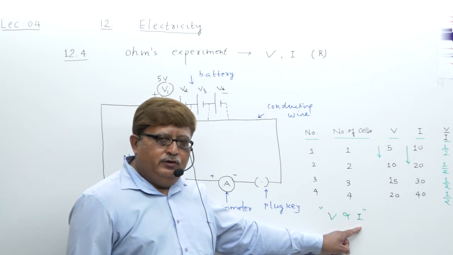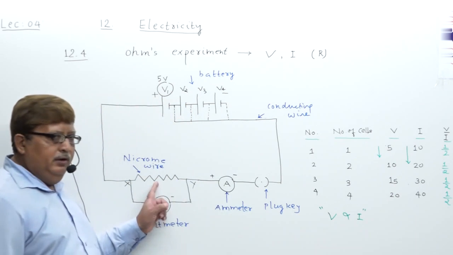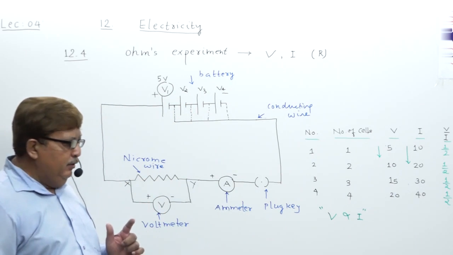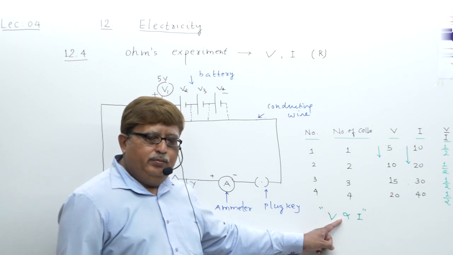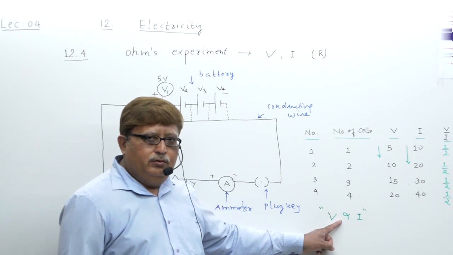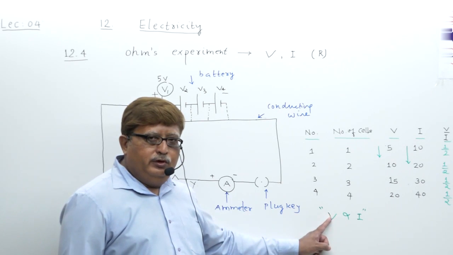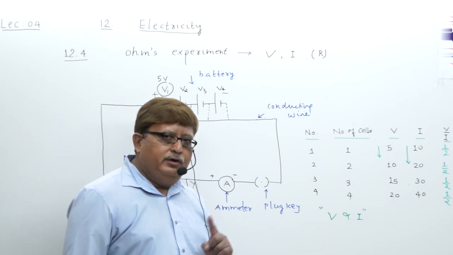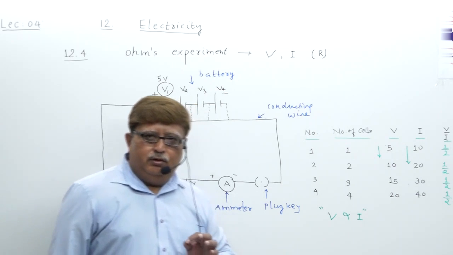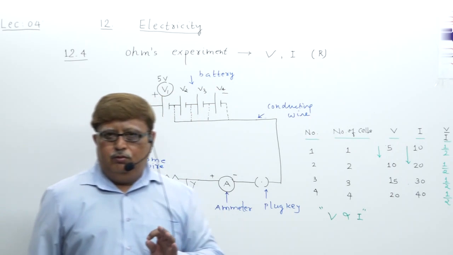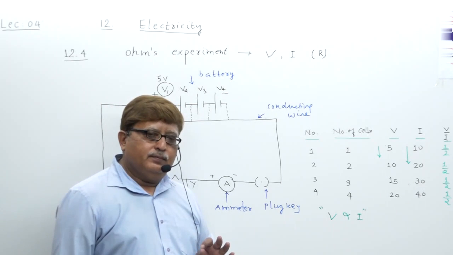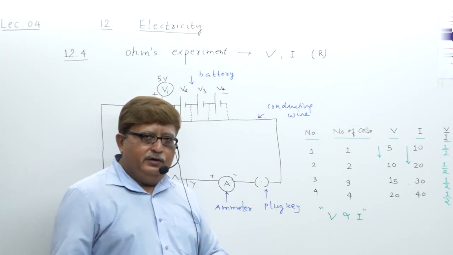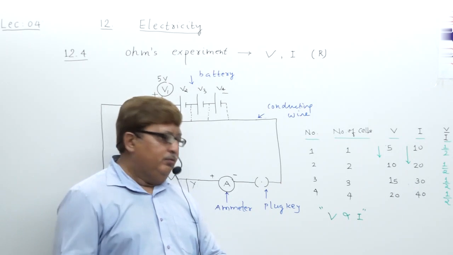Current passing through conductor is directly proportional to potential difference across two ends of the conductor. Okay, again that is actually Ohm's law.